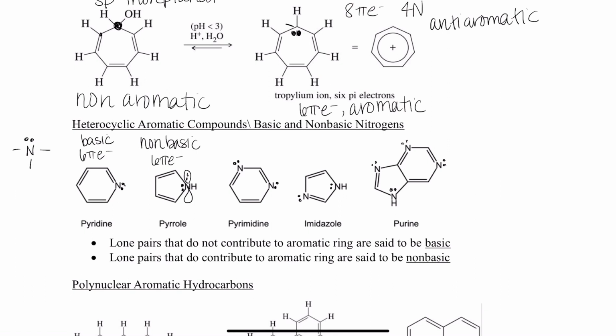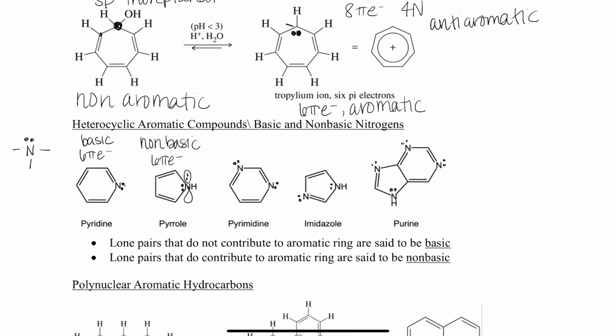Our non-basic nitrogens have lone pairs that are participating in the ring, so we're going to count those as pi electrons because they're in p orbitals. However, our basic nitrogens have lone pairs in sp2 hybridized orbitals. They are not participating in the ring.